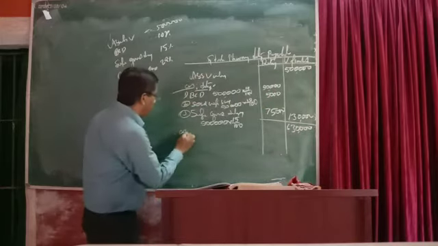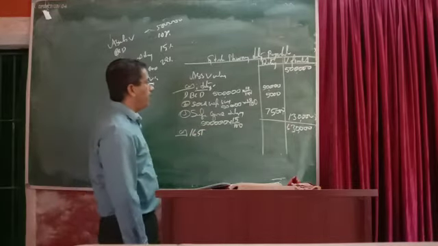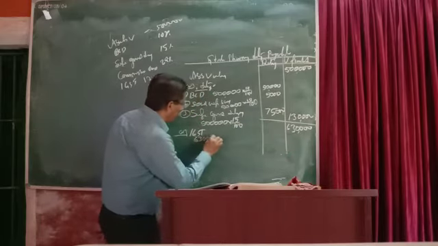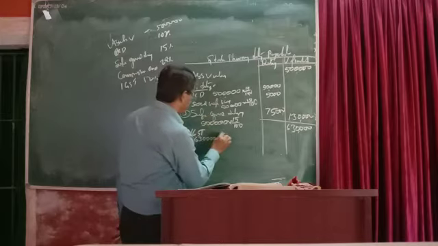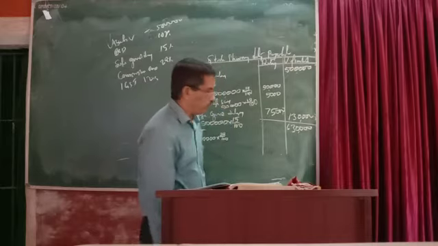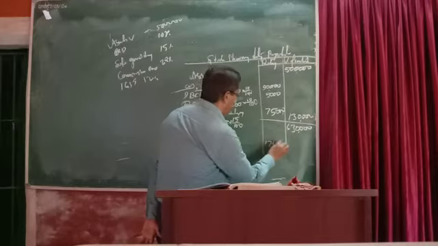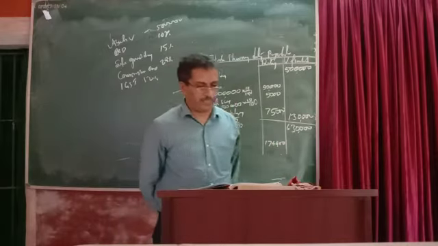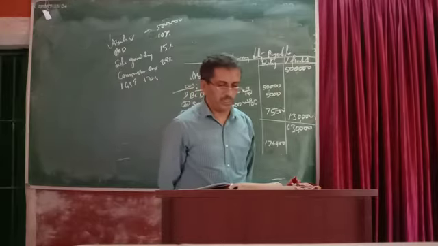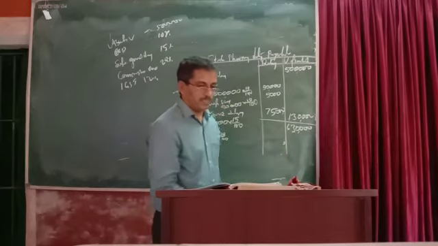Now add IGST. IGST from 6,30,000: 6,30,000 into what is the rate here?